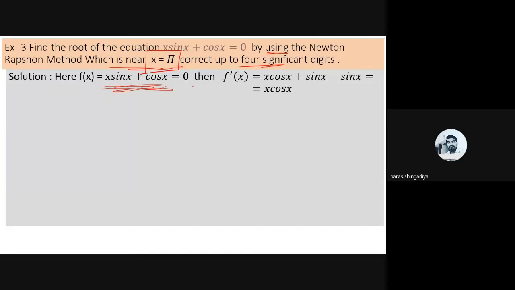So x into sin x. How can we find the derivative of x into sin x? What is the rule that we'll use here? d by dx of x into sin x. Okay, so what is the product rule of derivative? What is the product rule of derivative? Does anyone reply?